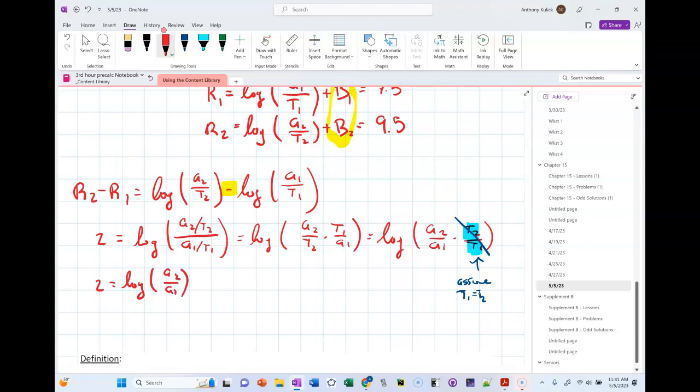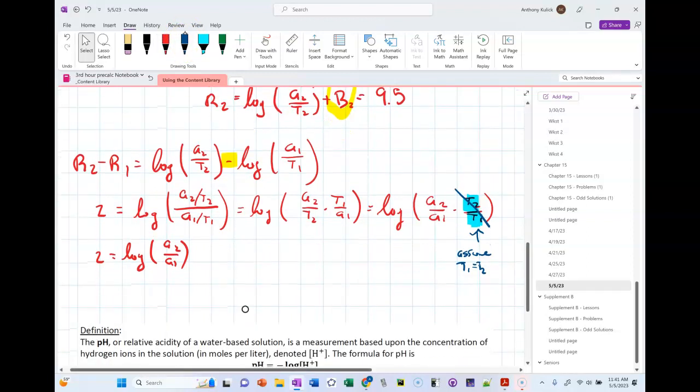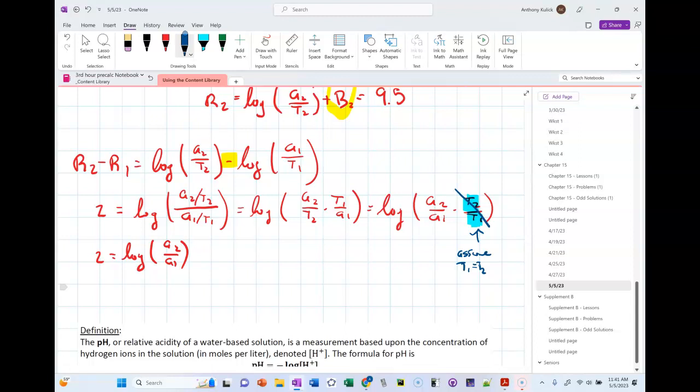Okay. So what I'm going to do next is get rid of the log. What do I have to do to both sides to get rid of that log? A log isn't going to cancel out another log. You could use the definition of a logarithm here, sure. The way I like to think about it is I'm just going to use the exponent base that matches the log base.